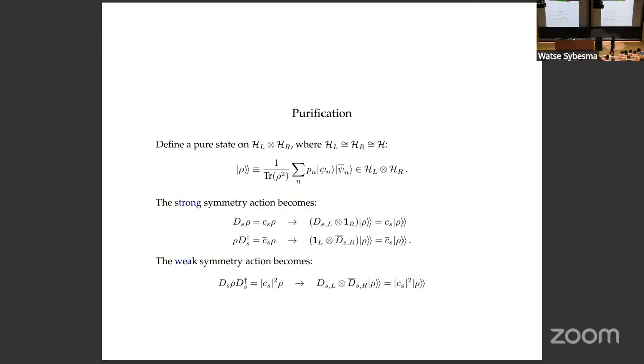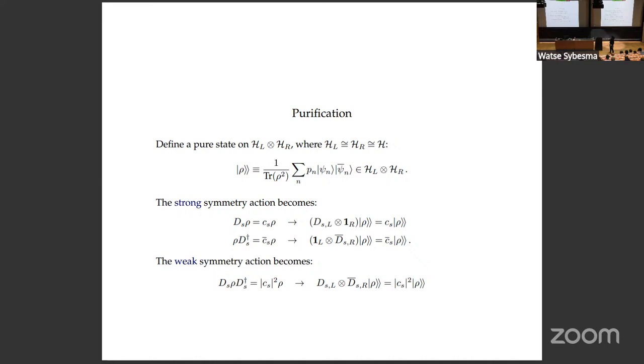So one trick to deal with density matrices is to purify, so actually map it to a pure state. And that, of course, comes with some constraints. You can't just map a mixed state to a pure state. Here, basically, you flip the bra into a ket, and you get rho now in a double Hilbert space.